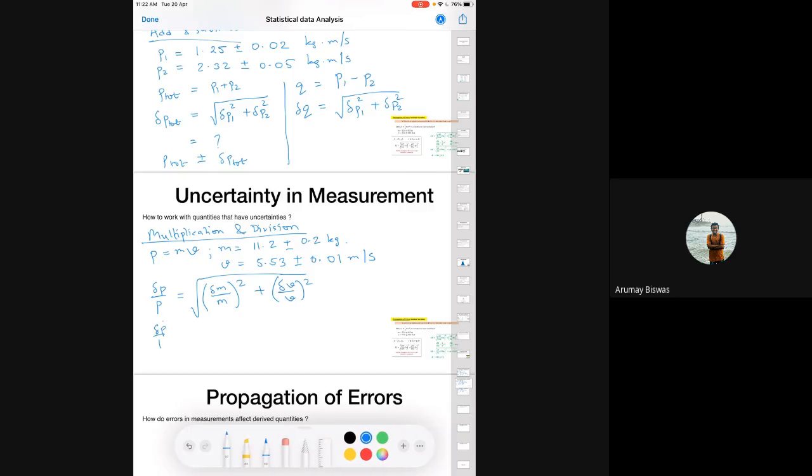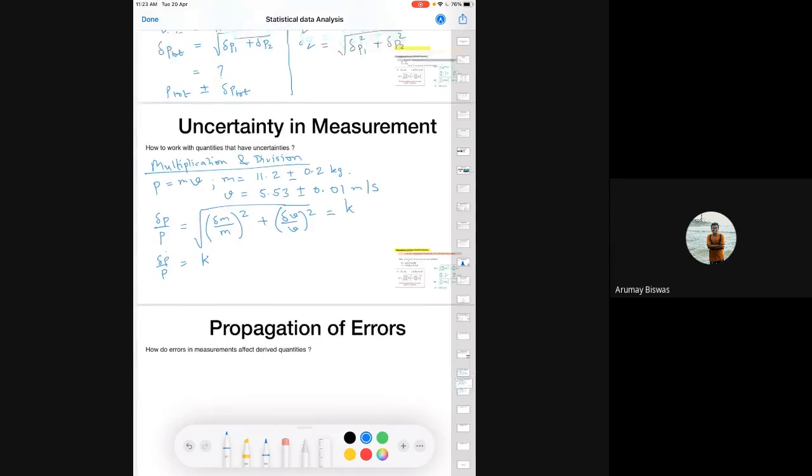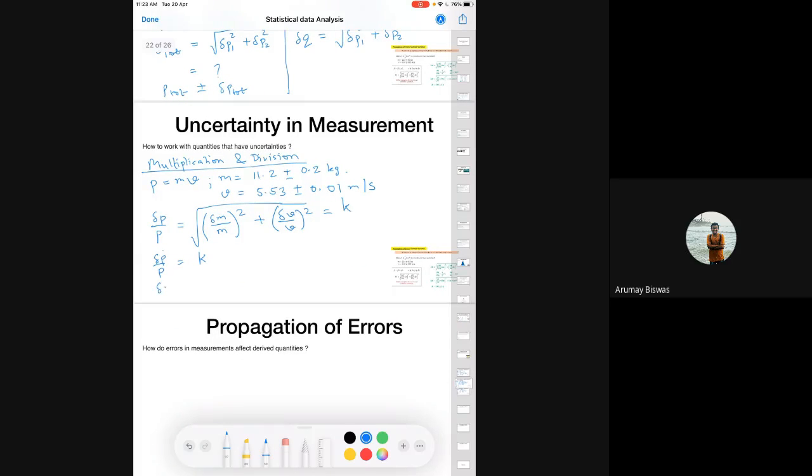In this case, delta P by P is something. Let's say I get K after evaluating the values. From this, I can calculate delta P as K into P, and then I can report P as P plus minus delta P. This is multiplication.